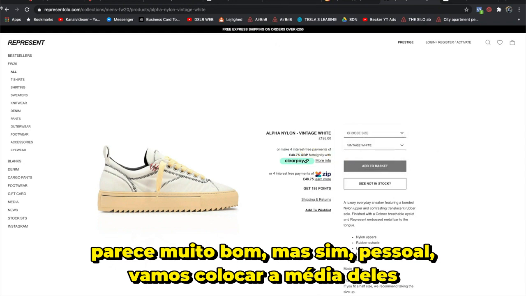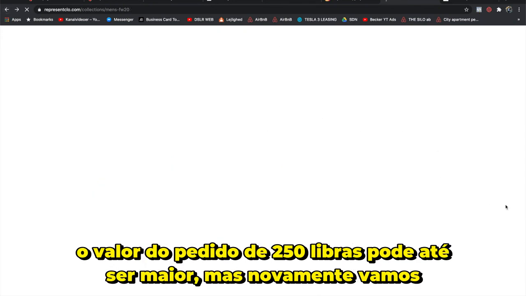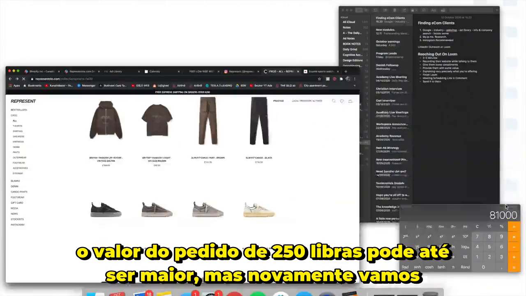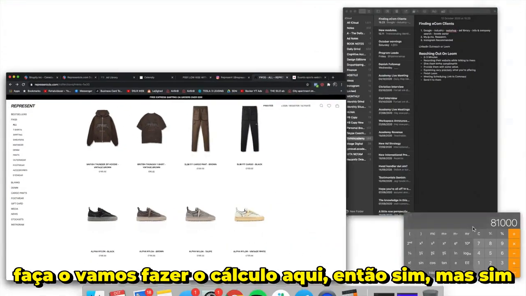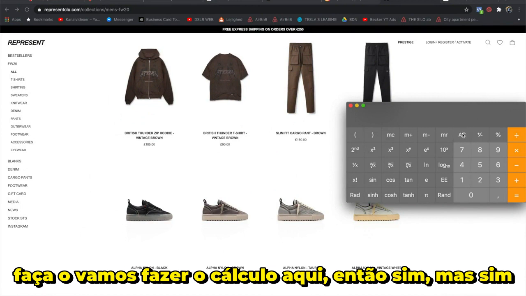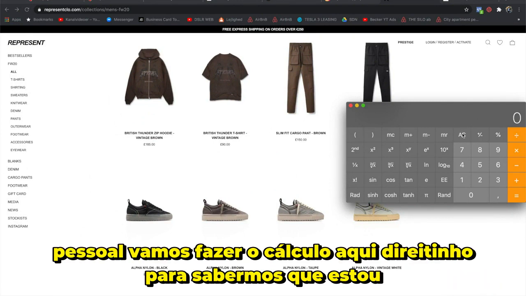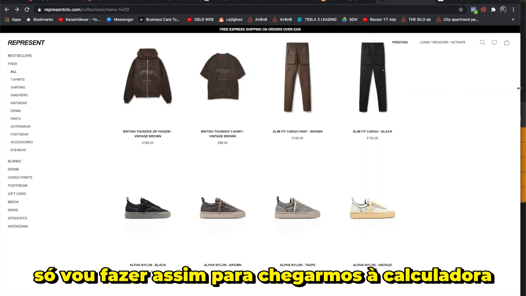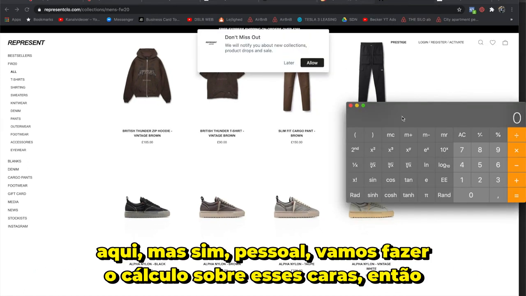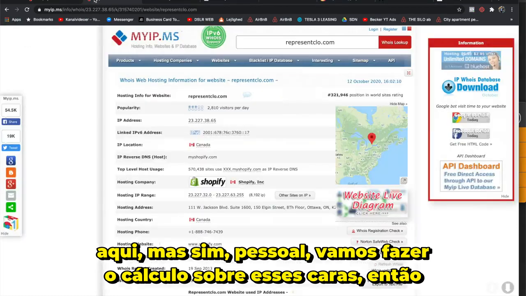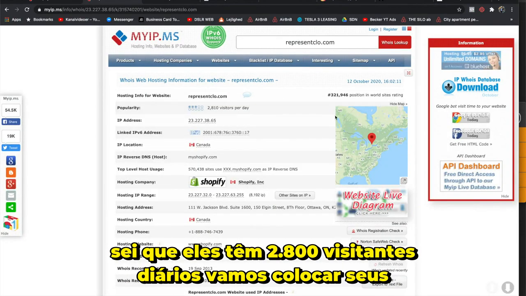Guys, let's put their average order value at 250 pounds, might even be higher, but again, let's do the calculation right here. I'm just going to do it like this so we can reach the calculator. So we know that they have 2,800 daily visitors.